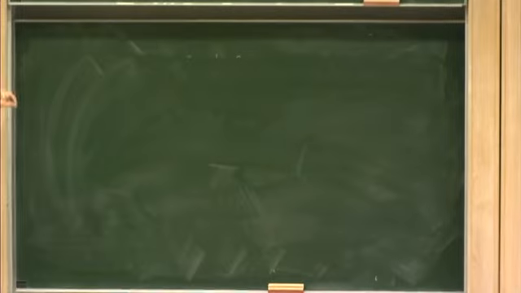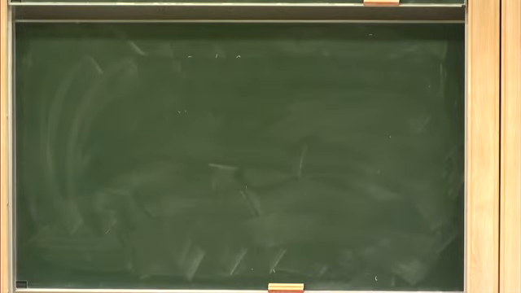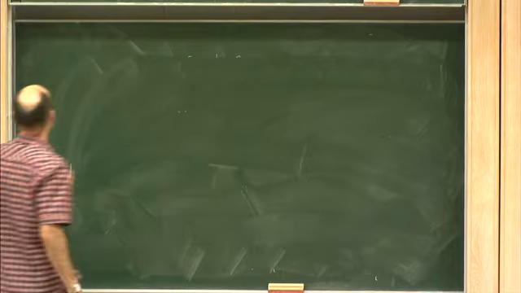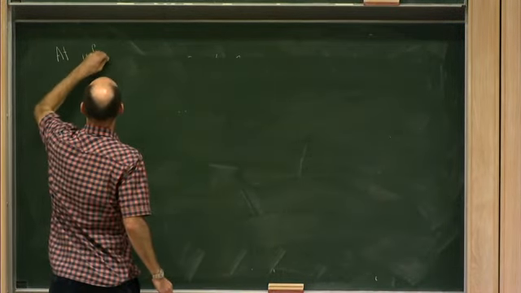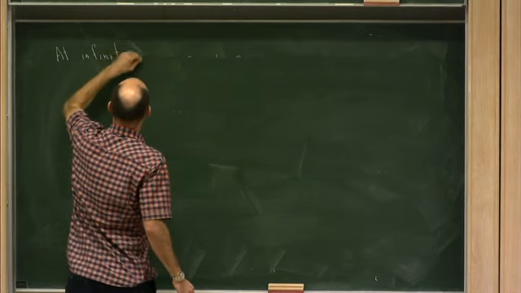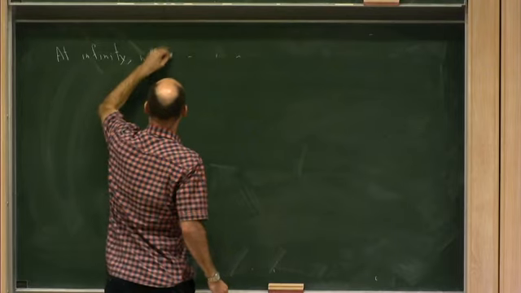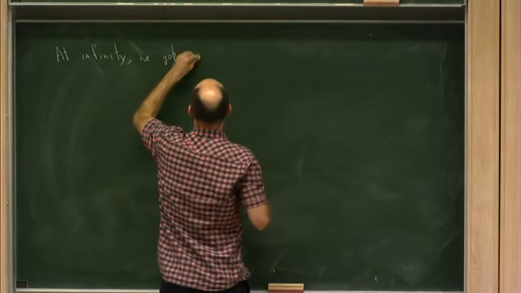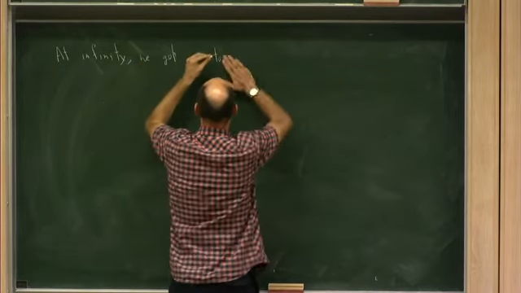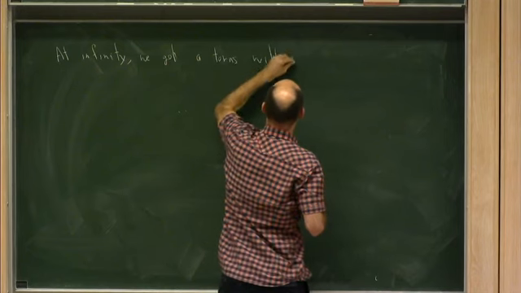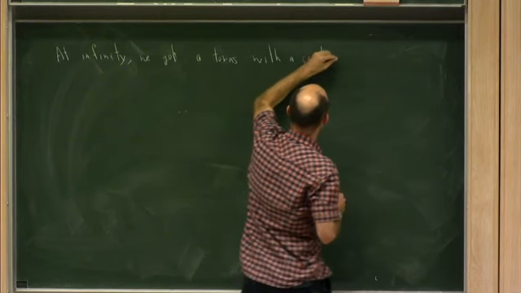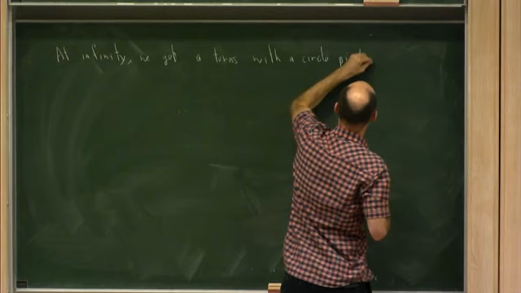But what's missing is the point at infinity, which is also part of the infinity of hyperbolic space. So at infinity, we have a torus with a circle which is punctured.